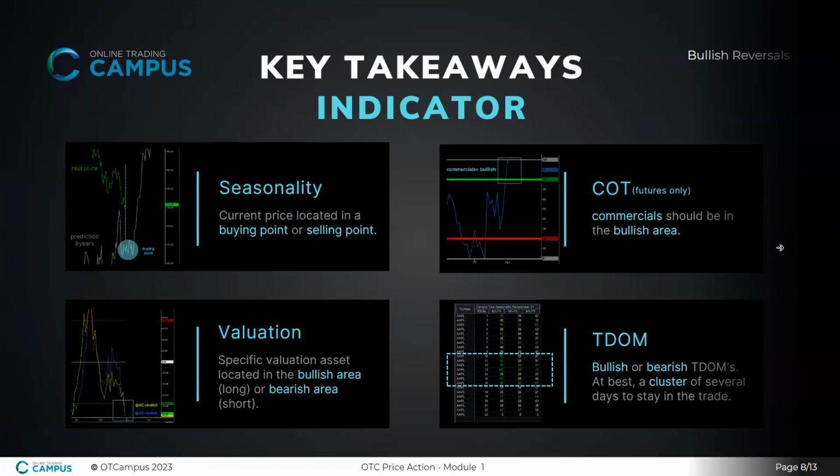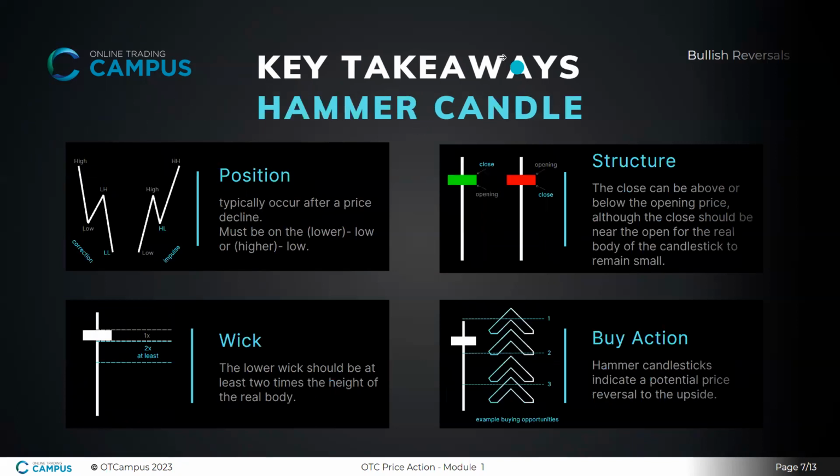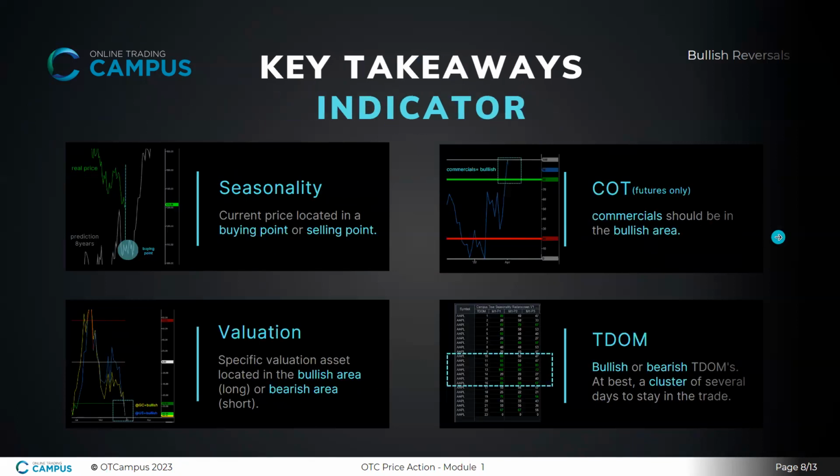The next point is key takeaways indicator. Remember, at the beginning we talked about it, the hammer candle is only an add-on, right? And here we will talk about how to trade the hammer candle with the key takeaways for the hammer candle and also with the indicators.